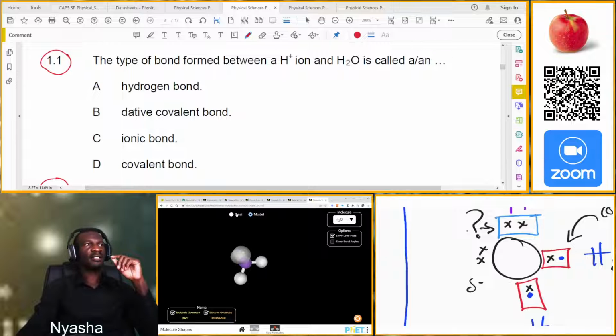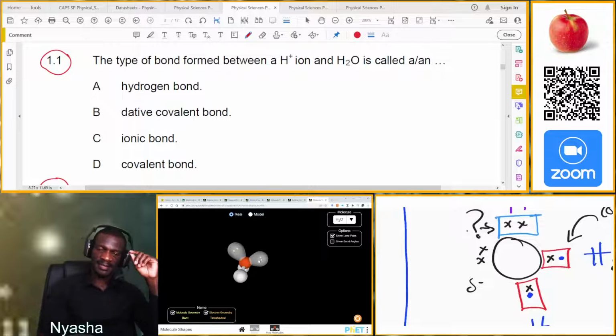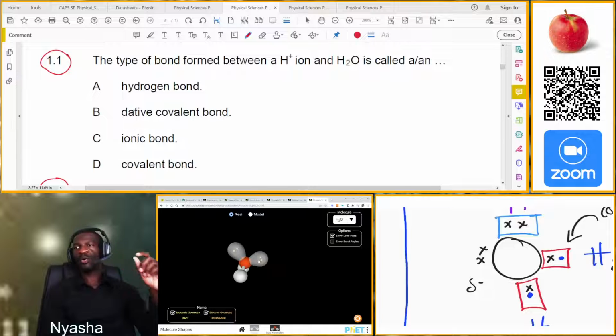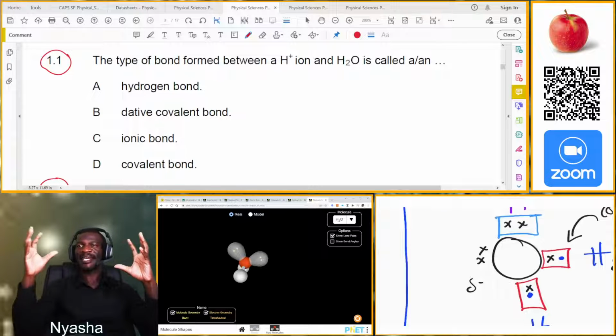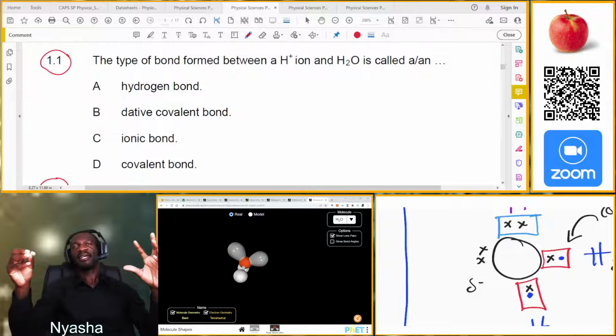So the question is, what is the name of this type of bond? This is a bond that is formed when there is an interaction between one element that has a lone pair and another element that has a vacant outermost shell.